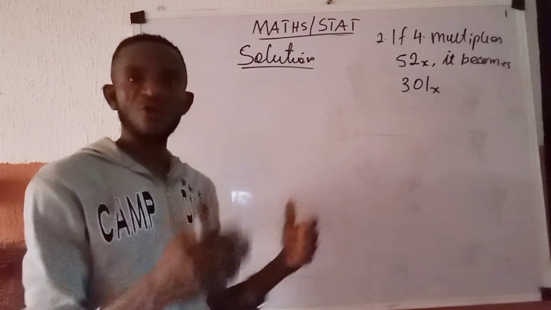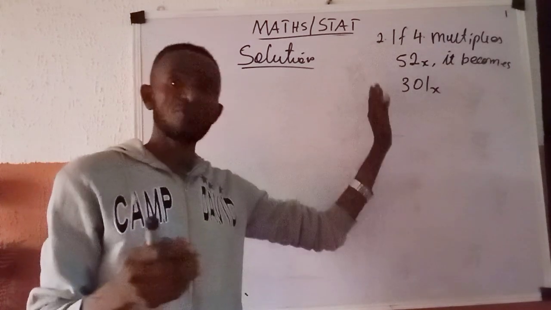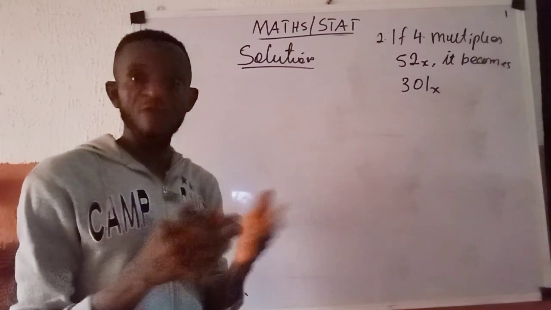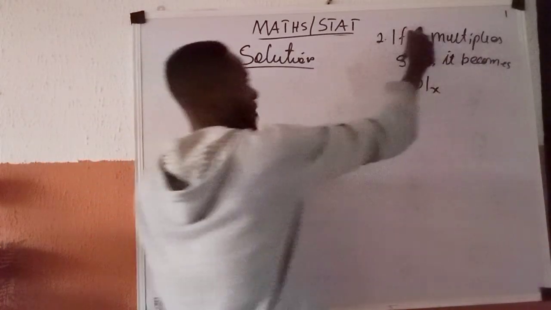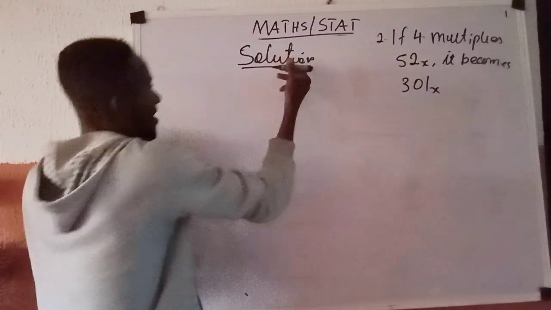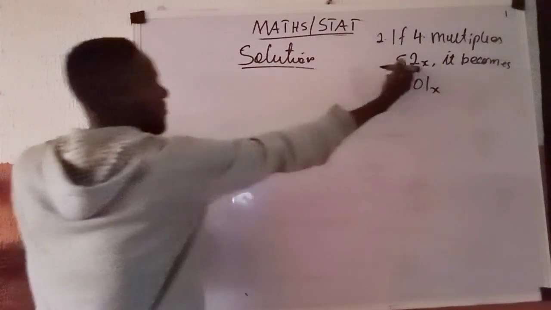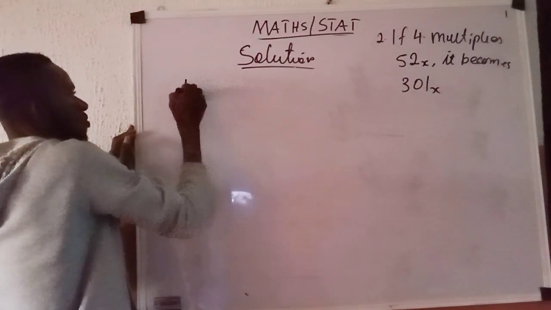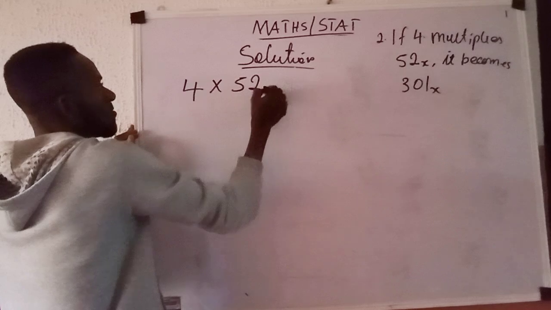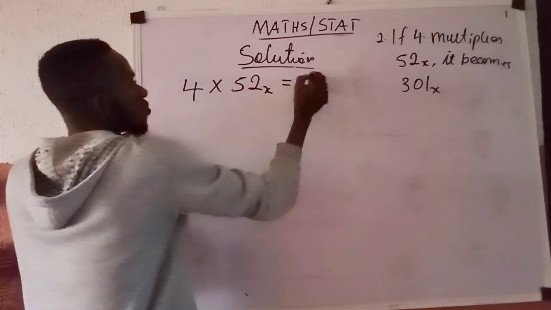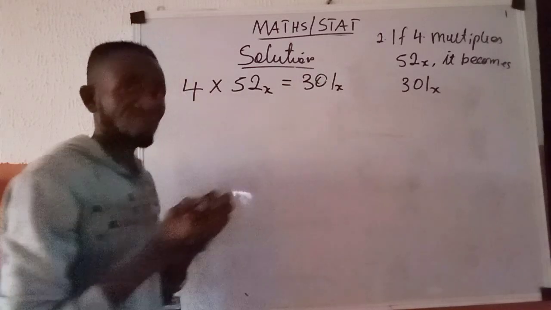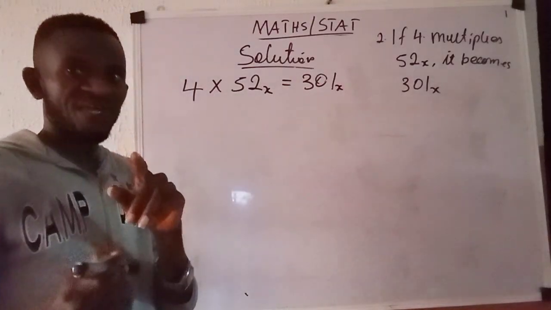So first of all, we are going to express this thing that looks like a word problem into a mathematical expression or equivalence. And that means we are going to have this 4 here, so by way of solution I am going to use that 4 to multiply this, and what I have here becomes 4 times 5 to base X equals 301 base X. We are going to be careful here.